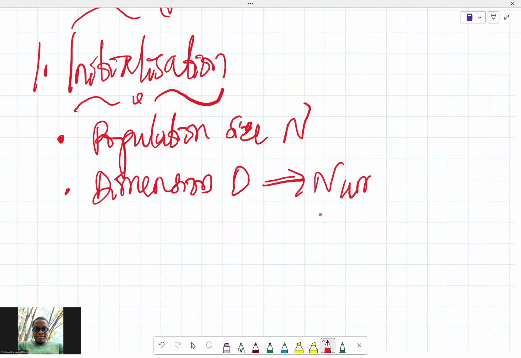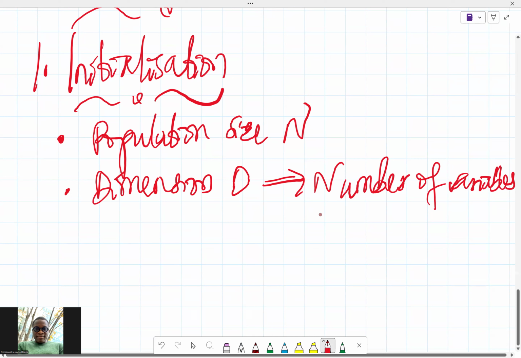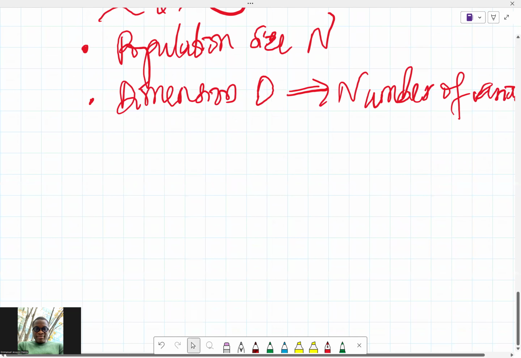If it is 1D, you're talking about one variable, like x1. If it is 2D, you're talking about two variables, like x1, x2, or x and y. That's what the dimension is basically about.